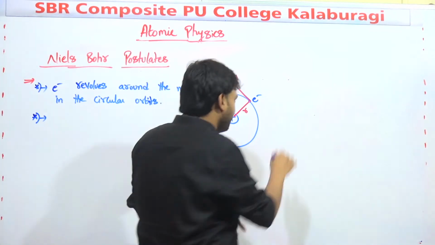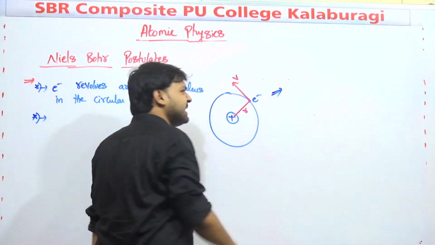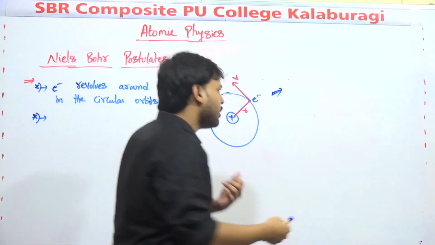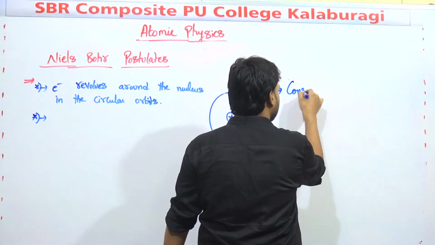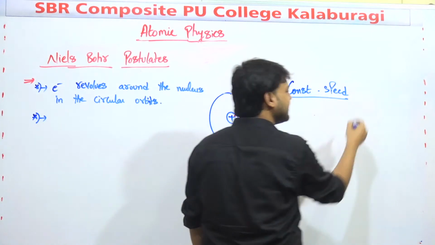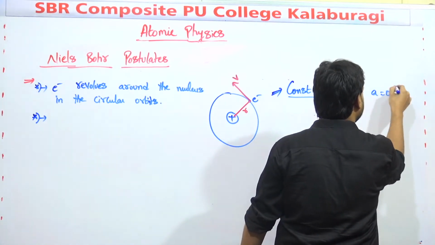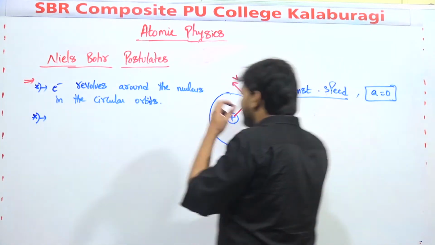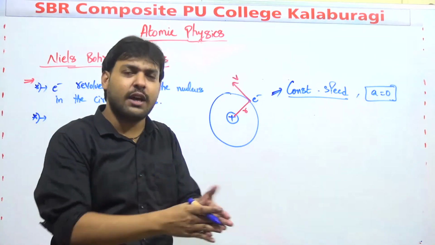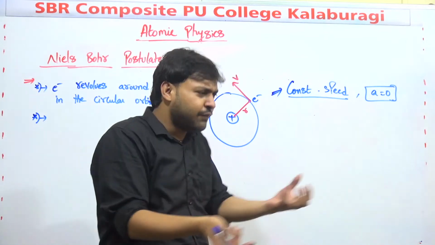Now according to Bohr, what he said is that the electron is not accelerating. The electron is moving with some constant speed. In the sense, the acceleration of the electron is zero. This is a very important point. According to Rutherford, it is accelerating because some force is there.